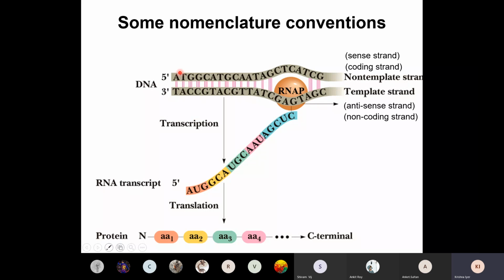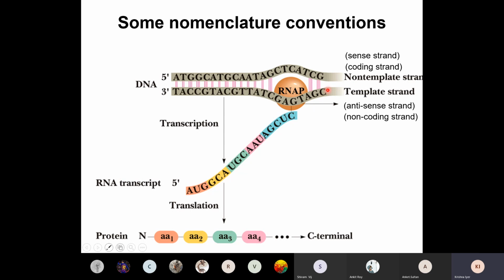And since this DNA has the same sequence as this RNA, this DNA is also called the sense strand or the coding strand. And in that regard, the template strand would be called the antisense strand or the non-coding strand, because it doesn't make sense to the ribosome machinery which is going to make protein.